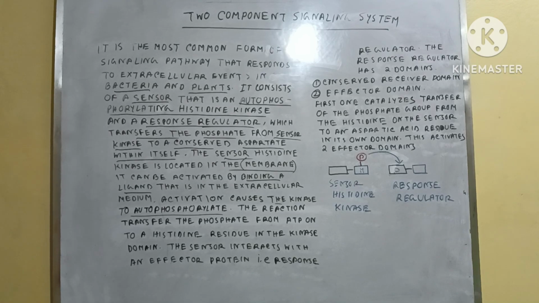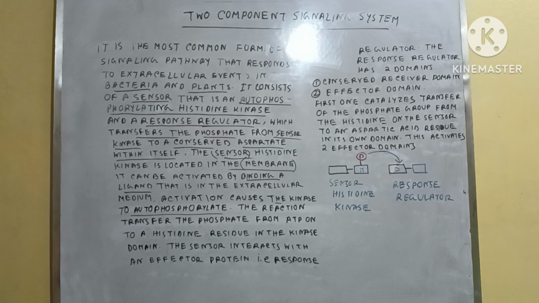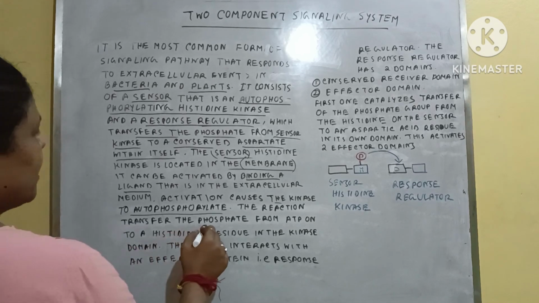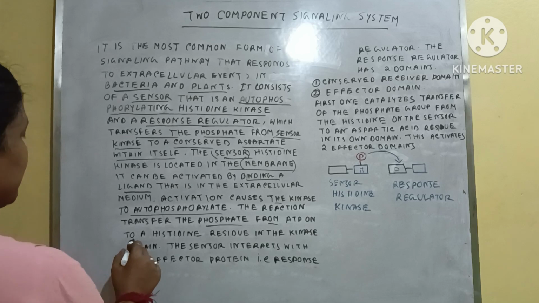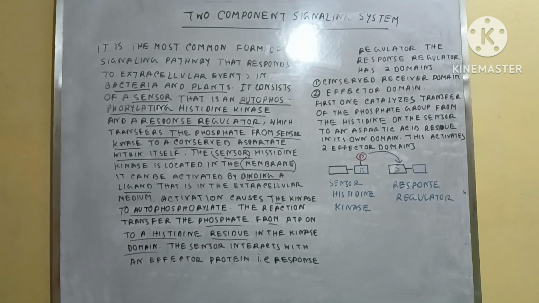So when the ligand binds with the sensor, the autophosphorylation process starts, and the reaction transfers the phosphate from ATP onto a histidine residue in the kinase domain.